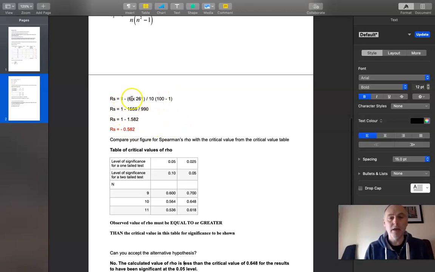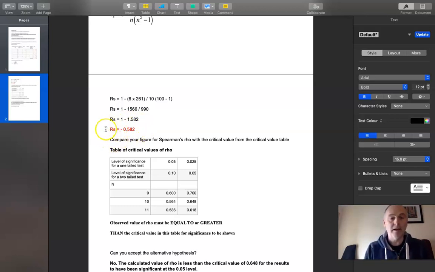Right, so we've got 6 times 261 divided by 10 times 100 minus 1. Let's simplify that. That ends up as 1566 divided by 990. We do that sum, we end up with 1.582. Then we bring in our 1 minus 1.582 equals minus 0.582.